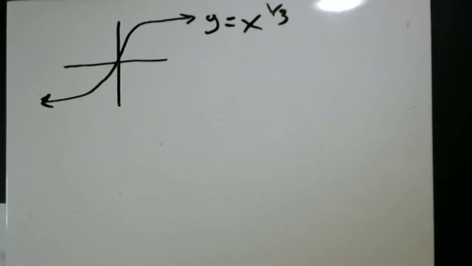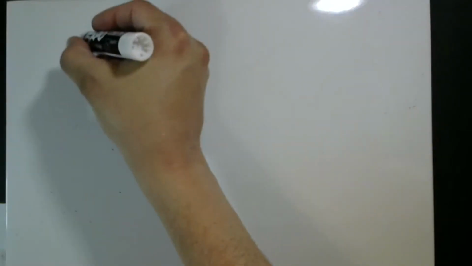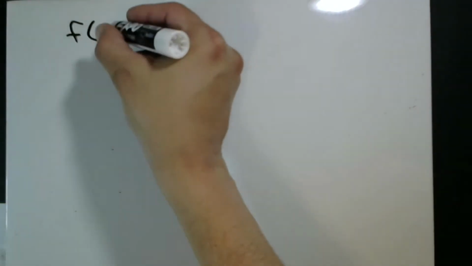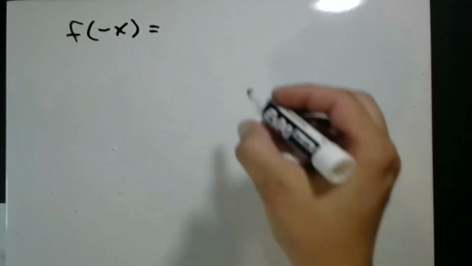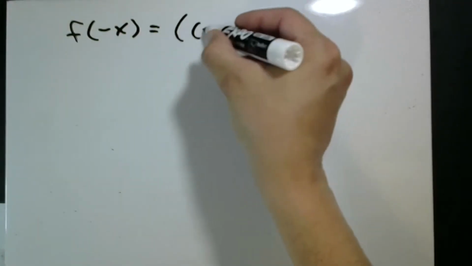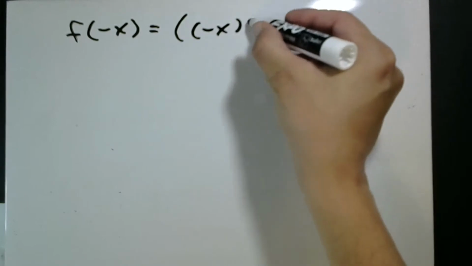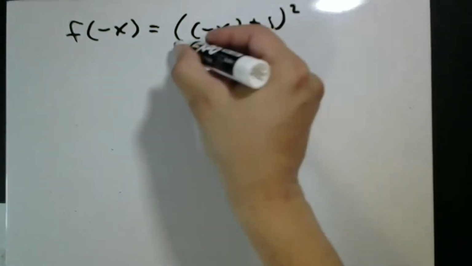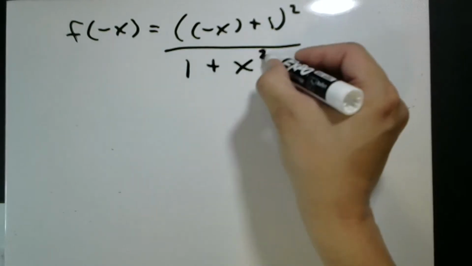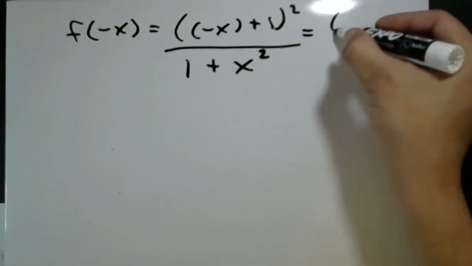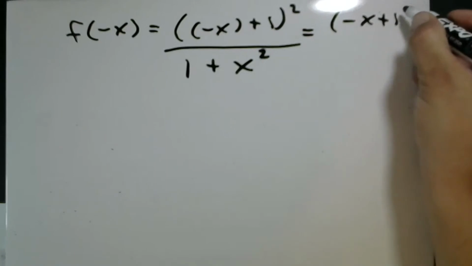All right. So let's test the symmetry of this function. Let's plug in negative x into f. Well, we'll get this, and it's just going to simplify down to this.